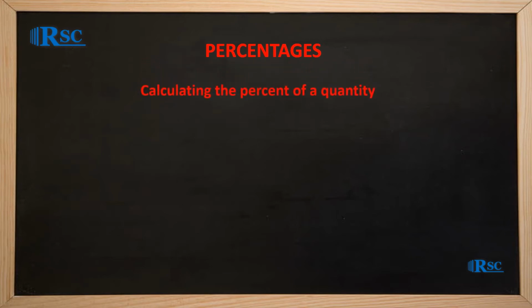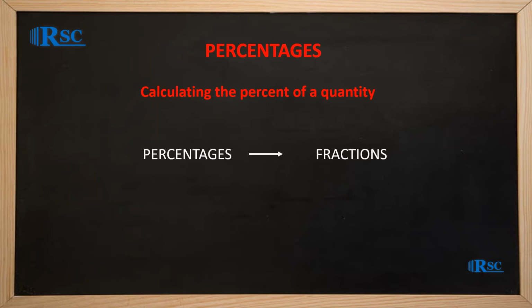Calculating the percent of a quantity. Since percentages are special fractions, working with percentages is very similar to working with fractions. In calculating the percent of a quantity, we express the percent as a fraction and calculate the fraction of the quantity.